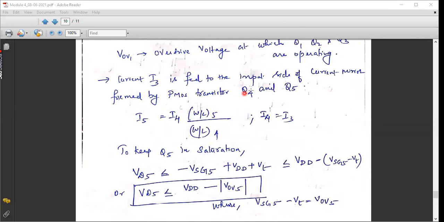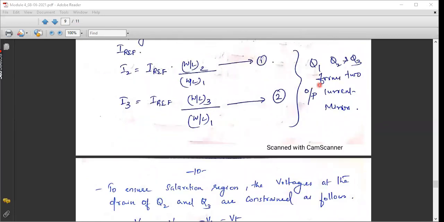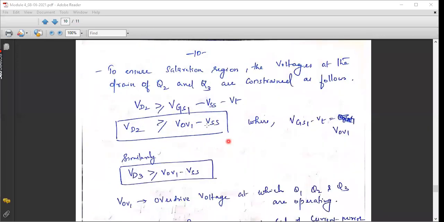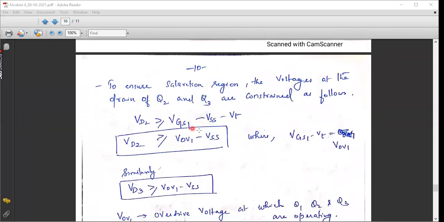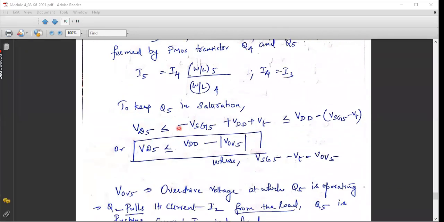And also you can see that the transistor's source terminal is connected to the supply voltage VDD. So that also has to be considered. So you need to add that voltage. Just as I added negative VSS before, here I need to add plus VDD to that term. The condition for saturation is that the output voltage of Q5 should be less than or equal to. Why less than or equal to? Because this is the converse case of the NMOS transistor.